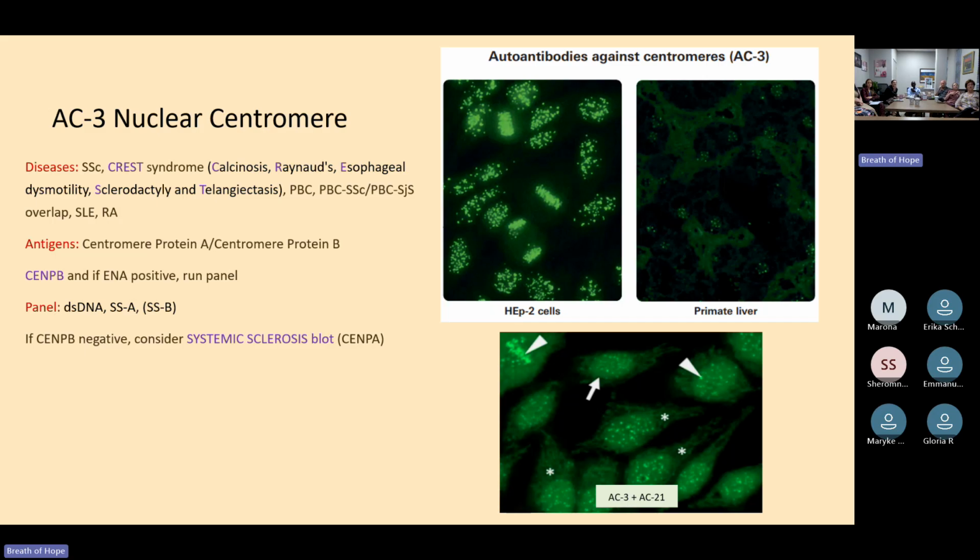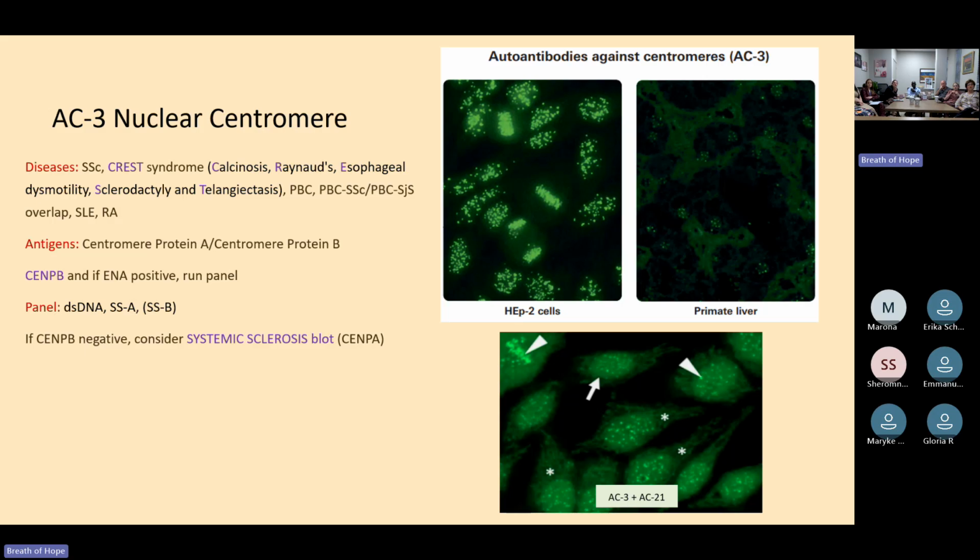Okay, let's say you've got quite a strong pattern like this and you don't detect it, then it could mean that it's due to another one, centromere protein A. The only way to detect it is on a systemic sclerosis blot, although clinically it might not be relevant to actually do that if you have your clinical features.